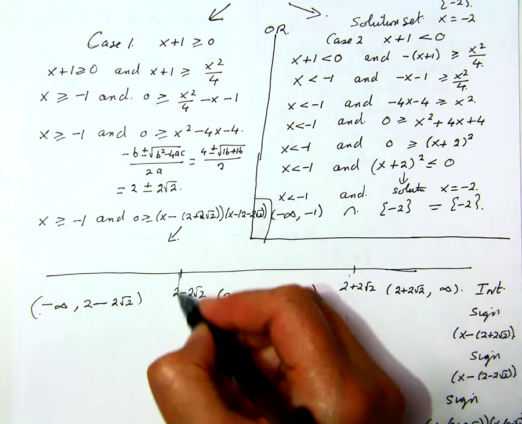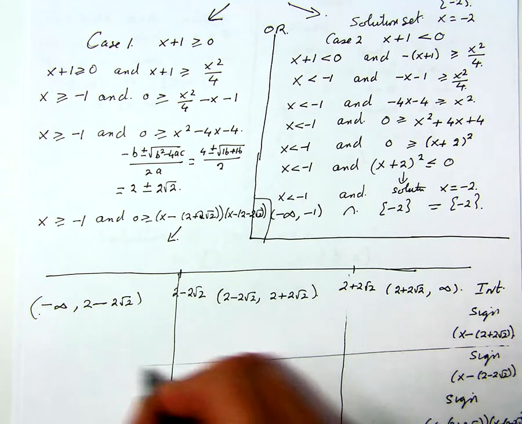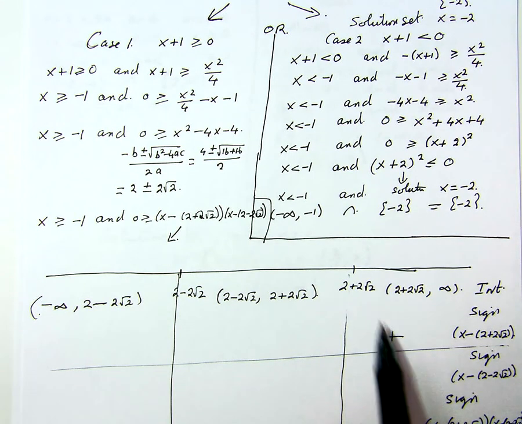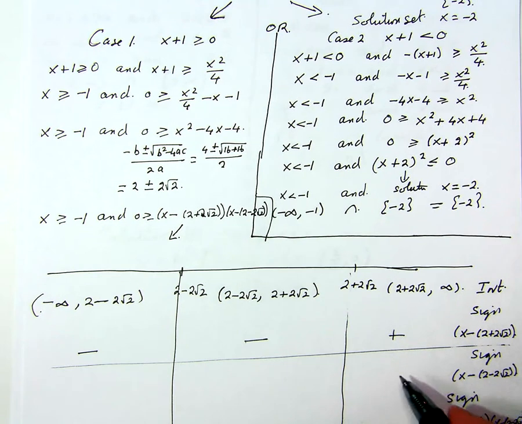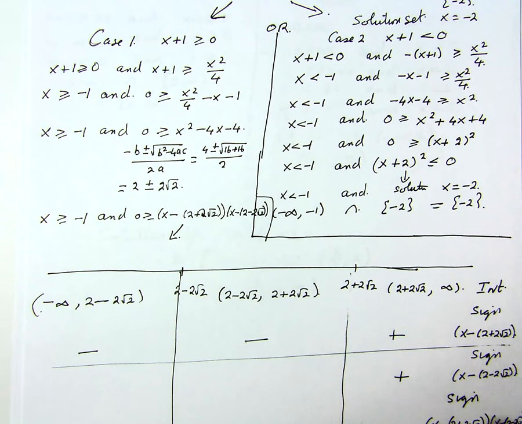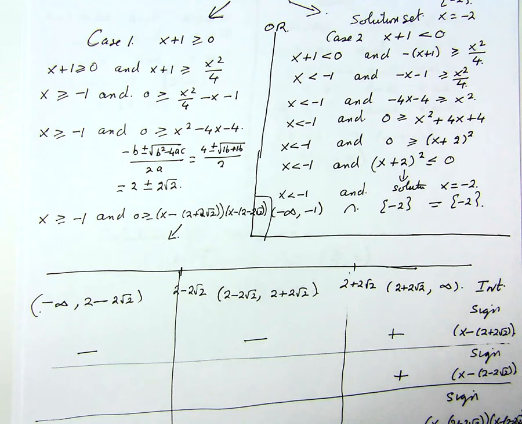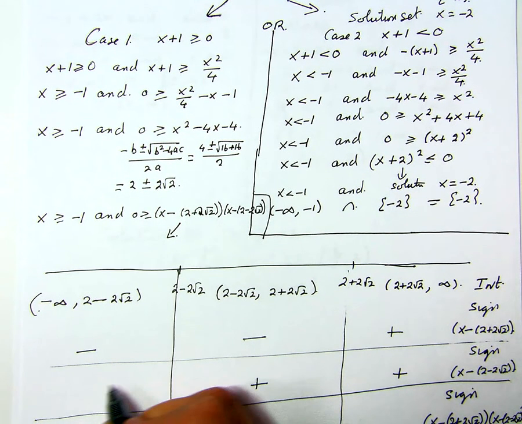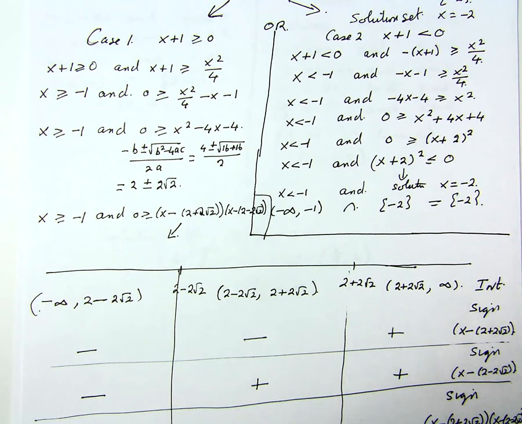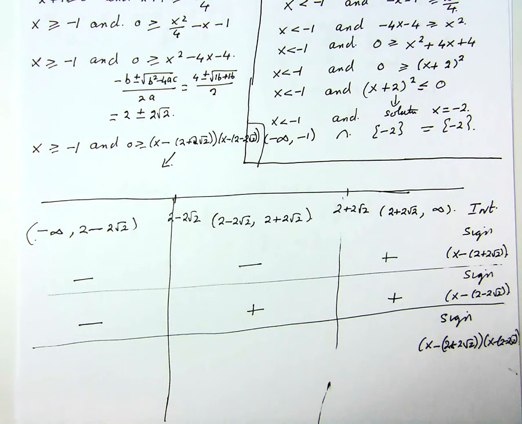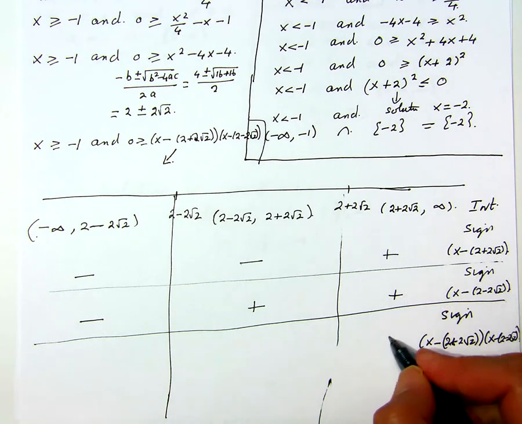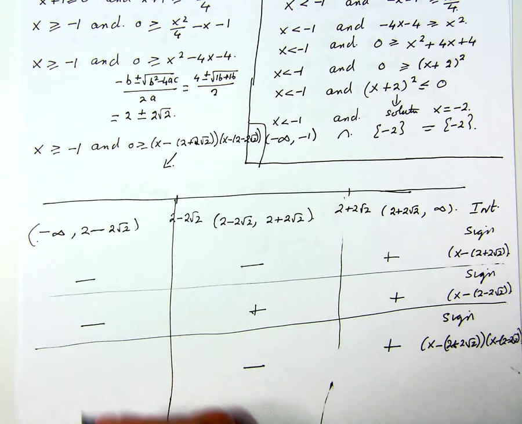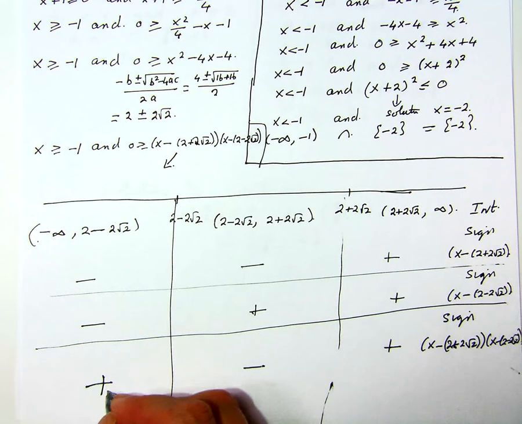X minus 2 plus 2 times the square root of 2 is going to be positive for x bigger than 2 plus 2 times the square root of 2 and negative for x less than that. X minus 2 minus 2 times the square root of 2 is going to be positive for x bigger than 2 minus 2 times the square root of 2 and negative for x less than that. And then when I take the product, plus by a plus gives me a plus, plus by minus gives me a minus, and the product of two minuses gives me a plus.